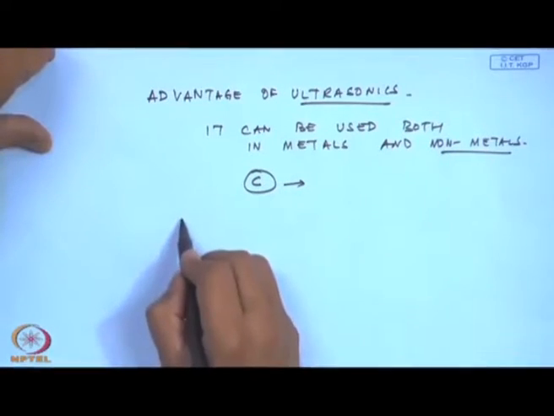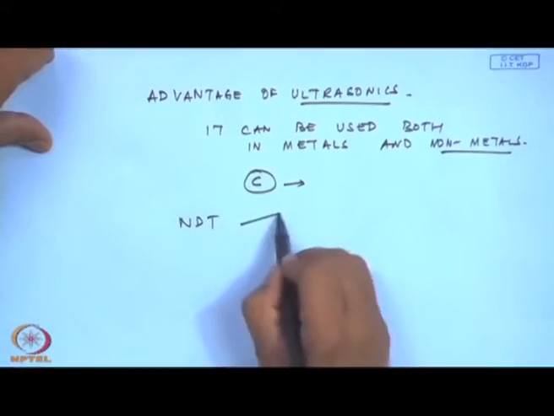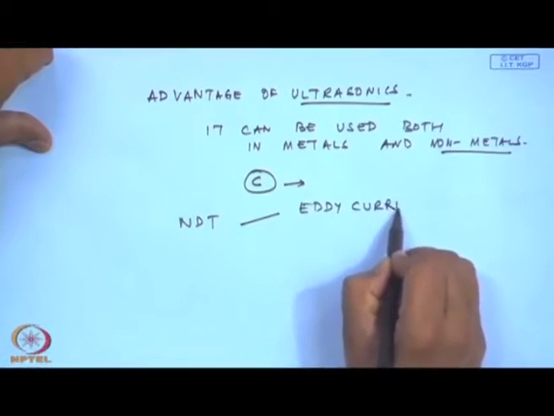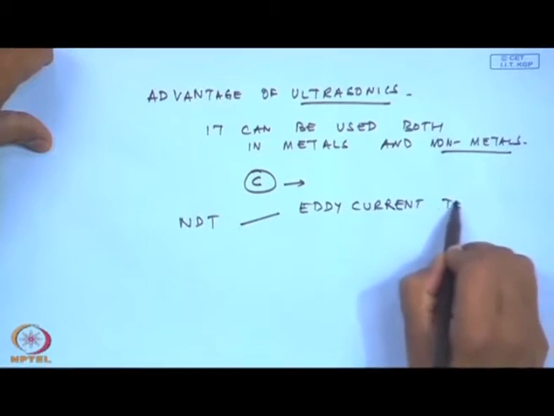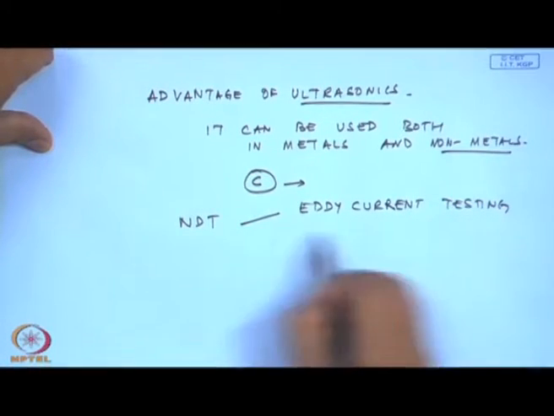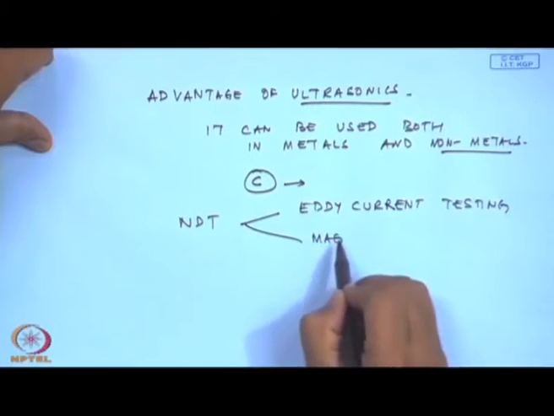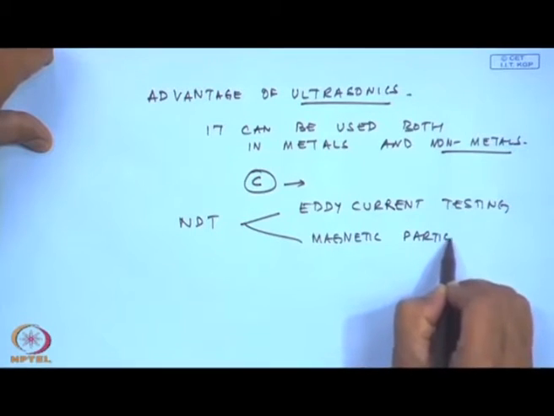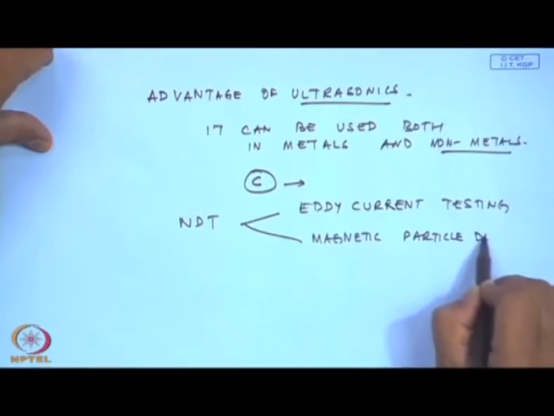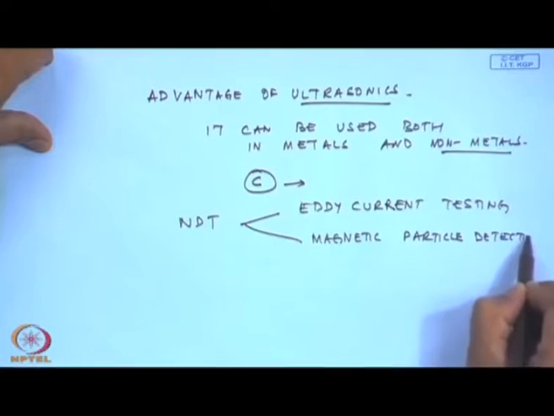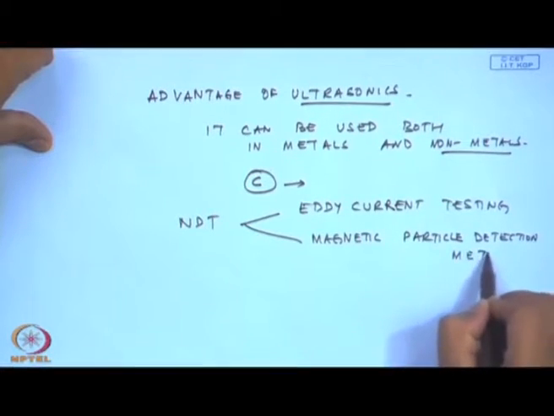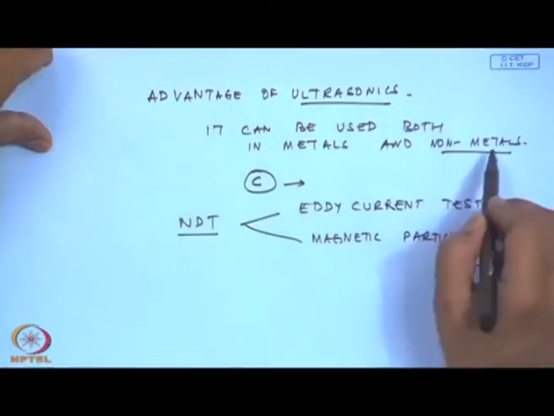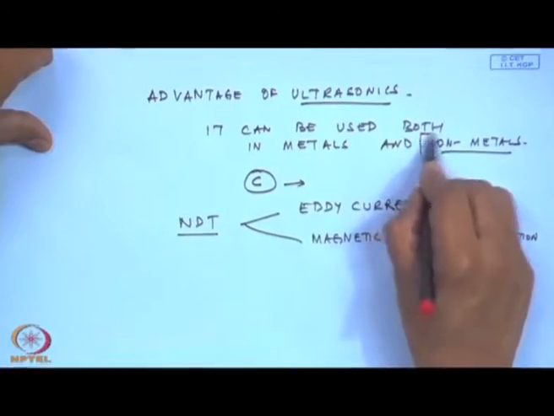Unlike some other NDT techniques, like eddy current testing or magnetic particle detection method, where the material has to be metal, ultrasonic can be used in non-metals.